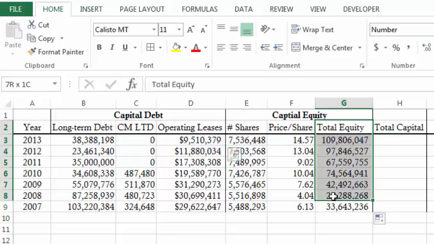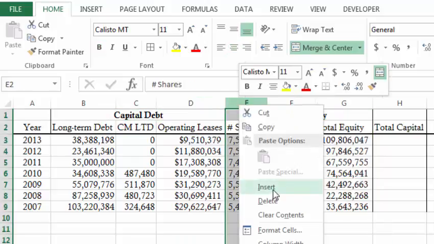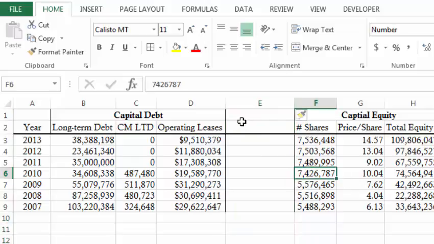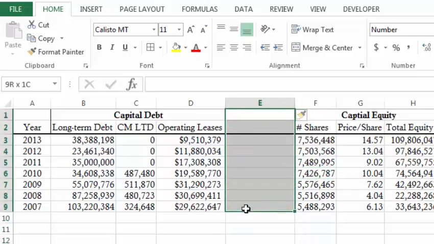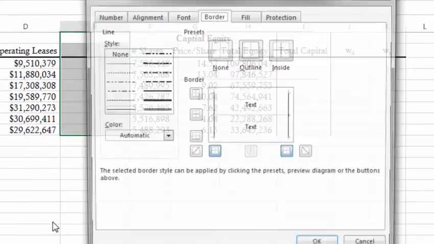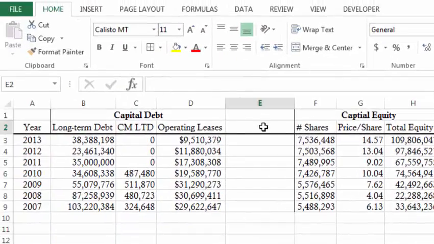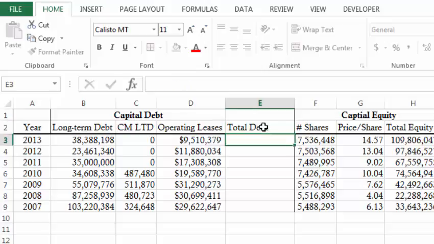And so maybe what I can do here is add one over here as well. Let me insert. And in this instance, do the same thing that I did before, which was taking off that one line and then saying total debt.